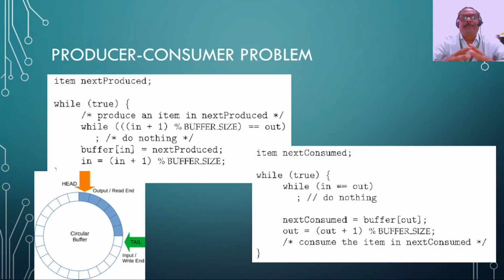So this is the example where we are using two processes, one process producing the data and another process consuming the data, working in sync through the shared memory. So that's about the inter-process communication.